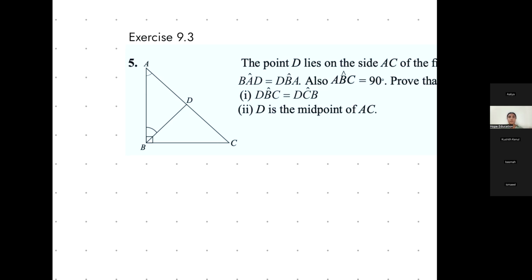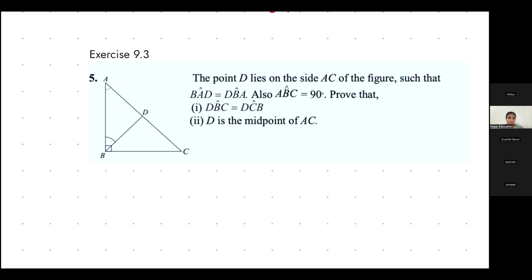All right. The point D lies on the side AC of the figure such that BAD equals DBA.